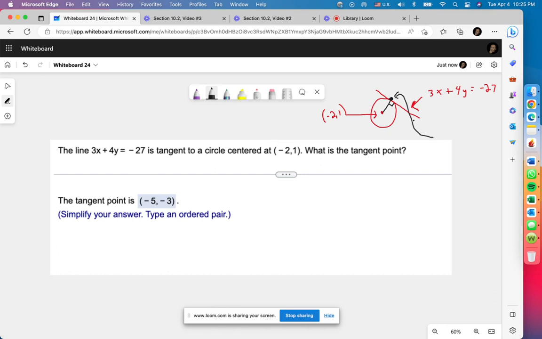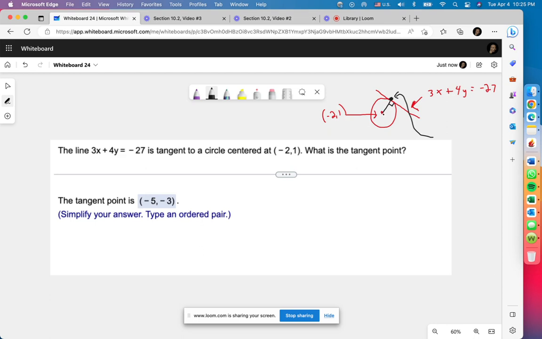What's that on an XY graph? Well, since I know this line is here, I need to find a line that's perpendicular to that line. Write the equation for that line. Then I'm going to set those equations equal to each other and solve, so where they intersect. So I need to find the equation of that line.